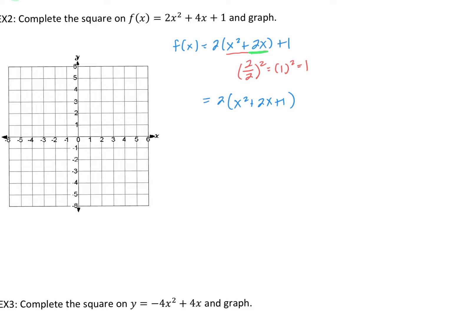but I can't simply add a 1. And we still have this 1 on the outside because I'm changing the value. So whatever I add in, I have to also subtract out. So I added in this 1, but we have to be really careful because I didn't just add 1. Remember, we had this 2 on the outside. Imagine if I were to distribute that 2 back through.